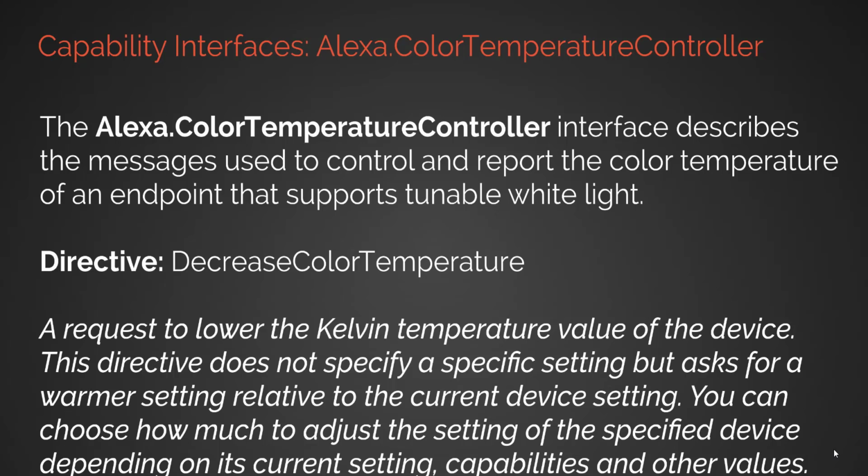This directive does not specify a specific setting, but asks for a warmer setting relative to the current device setting. You can choose how much to adjust the setting depending on its current value. Essentially, this allows us to adjust the temperature of that color to a different level. In this case, we can use the directive called decrease color temperature.